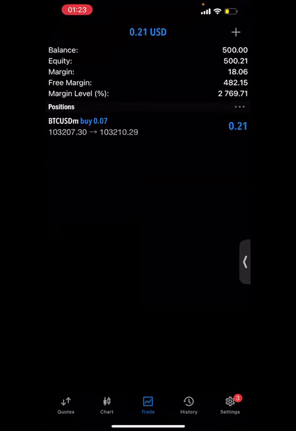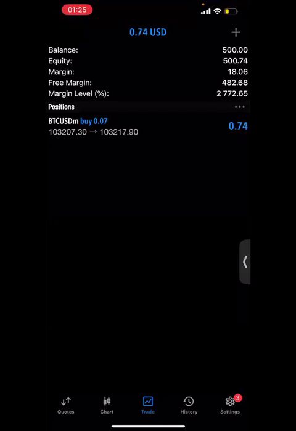Yeah. So now what is margin? Margin is the amount that is reserved for this particular position I actually opened. Currently $18 out of my account has been reserved for this position I'm in. You understand?